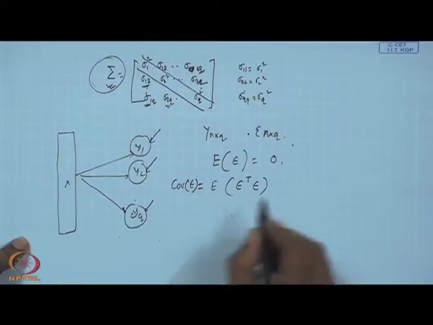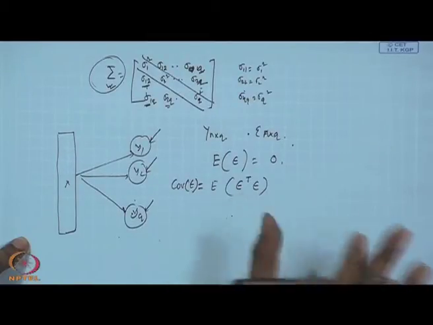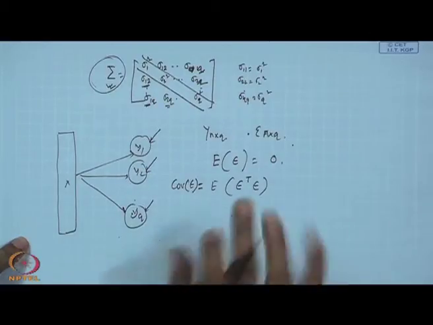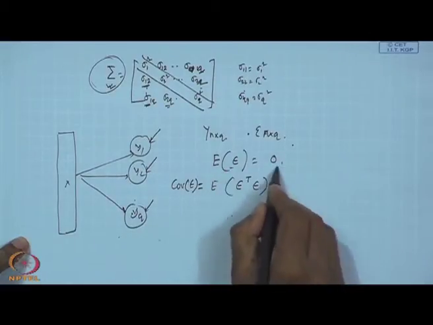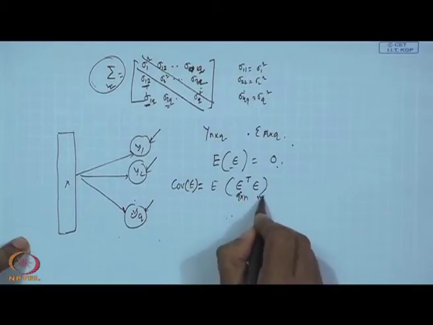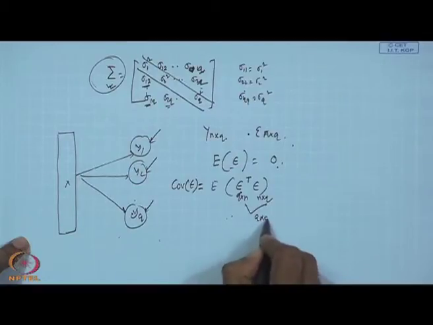So, covariance of error is the expected value of this minus mean transpose then this. As mean is 0, this is the case. This one will be q cross n, this is n cross q. So, ultimately this will be q cross q.